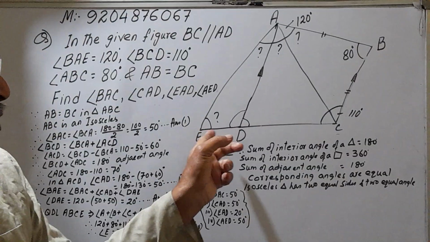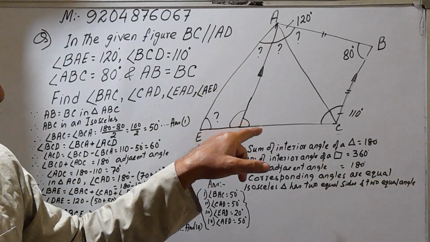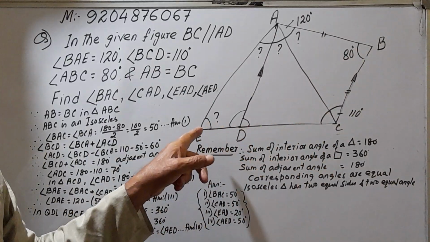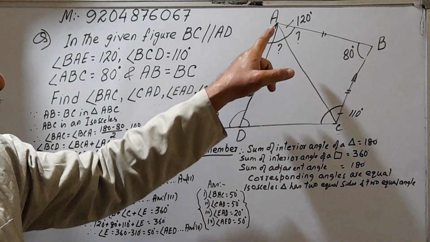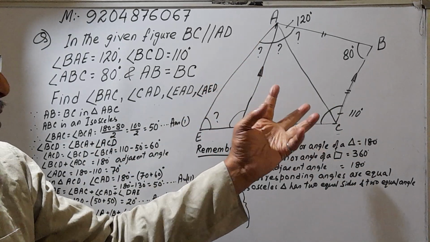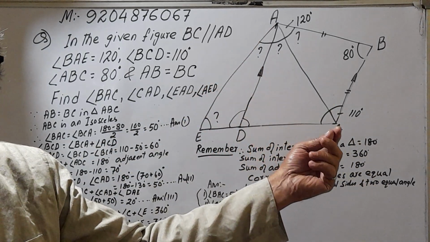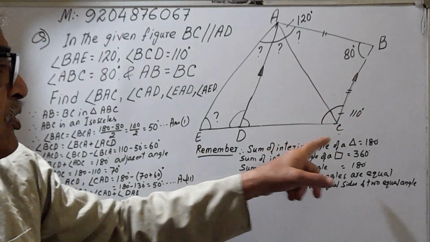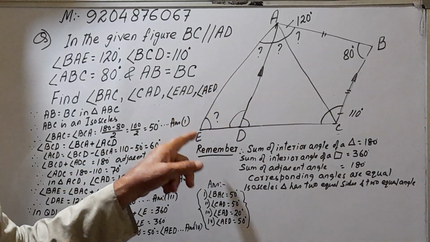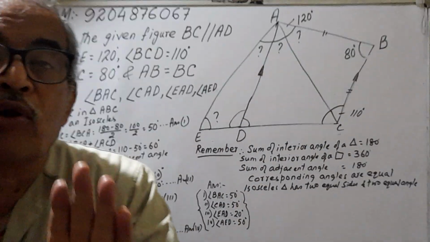Then EC is the transversal, and BC and AD are parallel. So angle BCE and angle AED are adjacent, and the sum of two adjacent angles is 180 degrees. At the same time, angle BCE is equal to angle ADE, because these are corresponding angles.